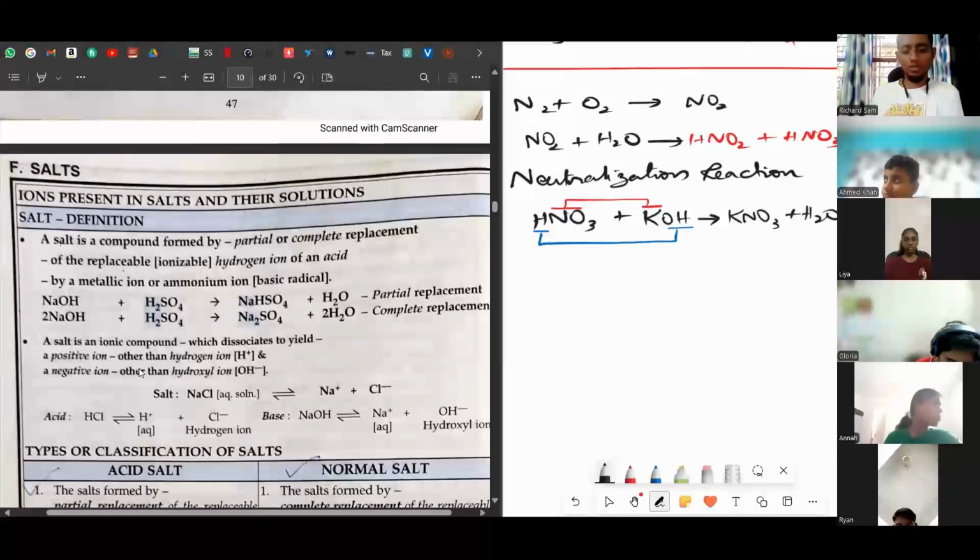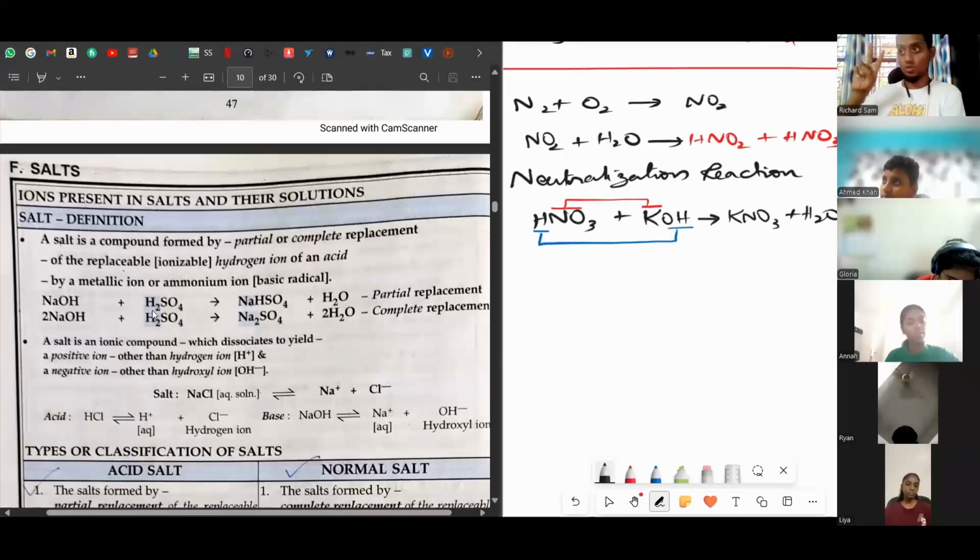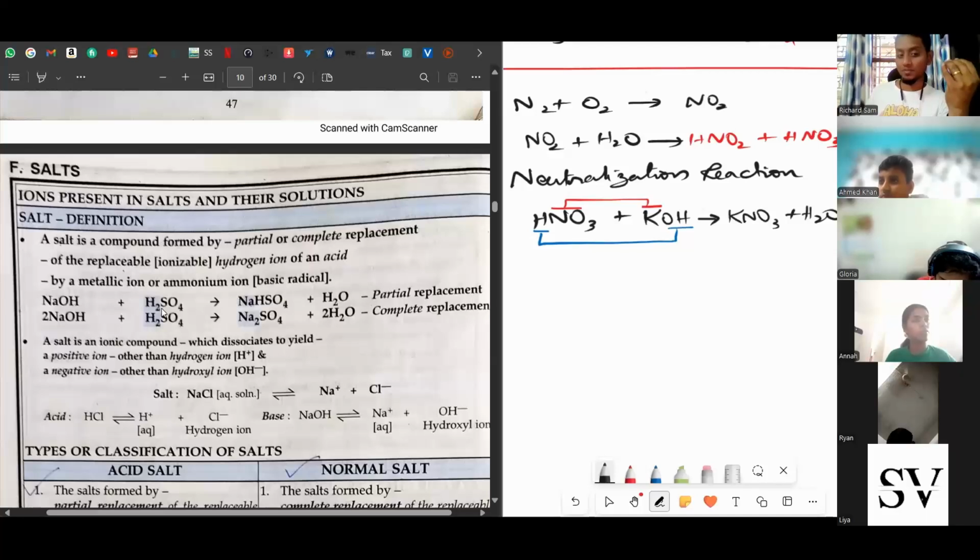Okay, next we're going to salts. We have already seen this exact same reaction before: sodium hydroxide plus H2SO4, a dibasic acid. And what we saw is when a dibasic acid reacts, it dissociates in two steps.